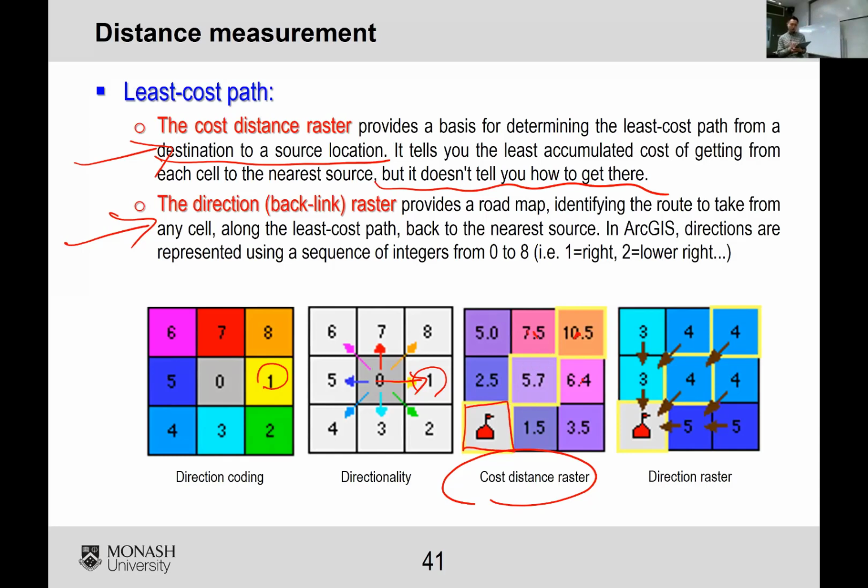So you don't want to go to the cell with 7.5 and 6.4 because they will give you a higher cost. So you will follow this direction to your destination.